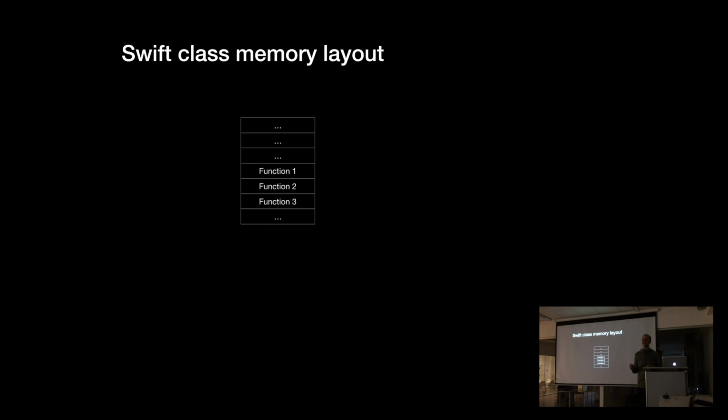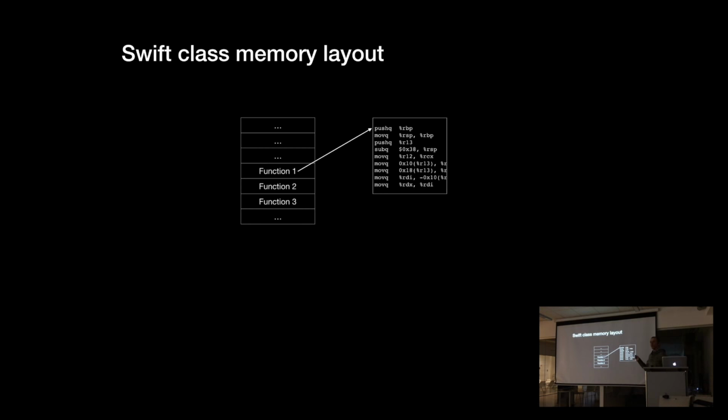Every single class in Swift has this kind of lookup table, and it includes a lot of different metadata that I skipped in this slide, but it also includes pointers to functions, like function viewDidLoad or a function that returns something. So this is a pointer in the lookup table to the memory address where all the assembly code sits.